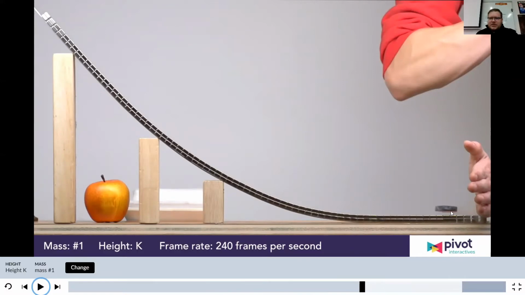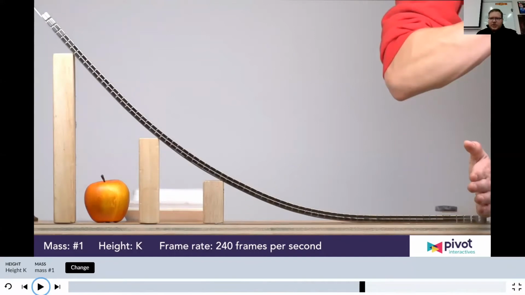And because there's no friction and air resistance is minimal, for that last section, it's going to be moving at a constant speed, so we can measure its velocity. So we're going to need to measure the initial height and the final velocity.